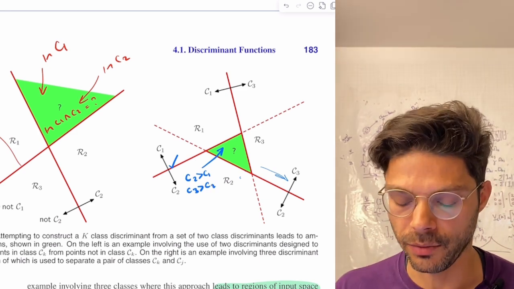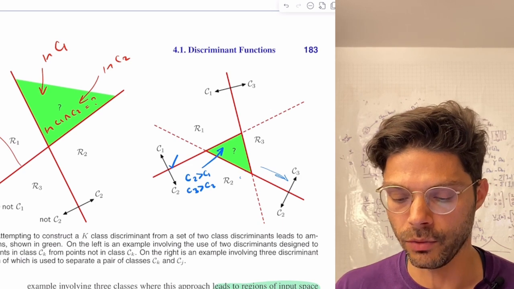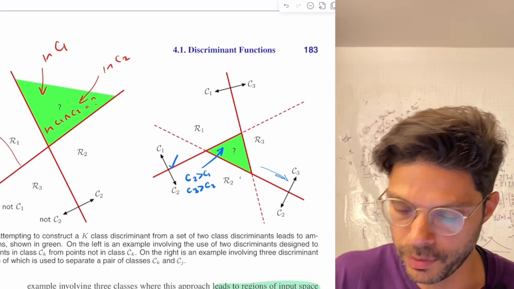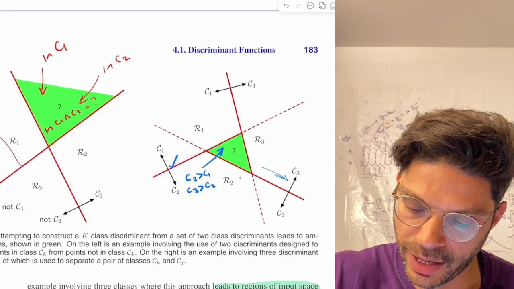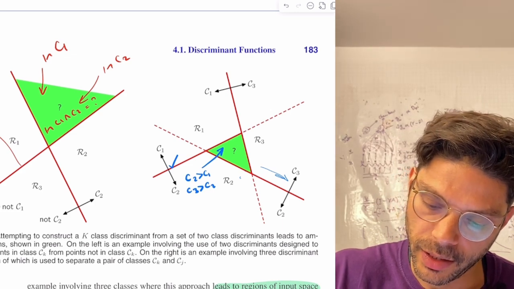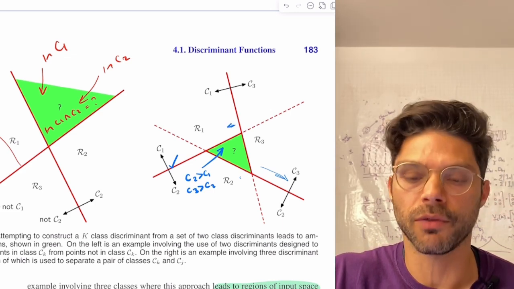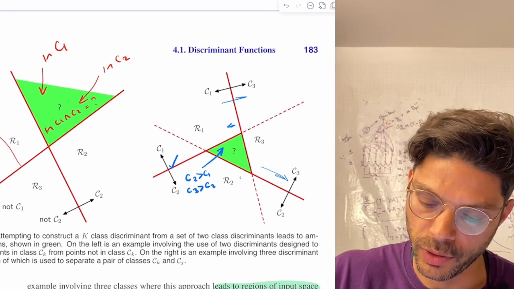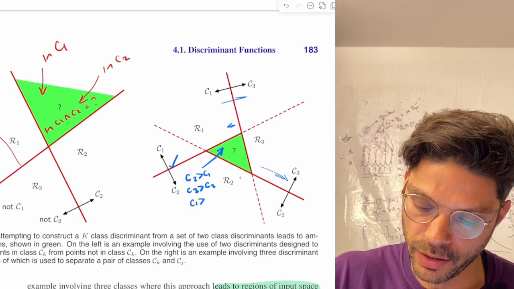Now we still could get a 2 majority, but let's see what happens. And now the very last one: it's on this side of the C1 versus C3 classification. So here we've got C1 is greater than C3.